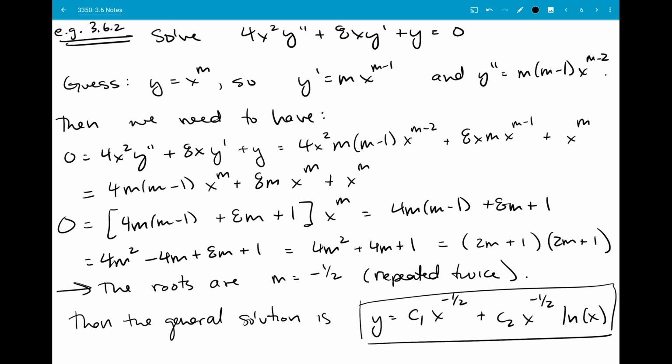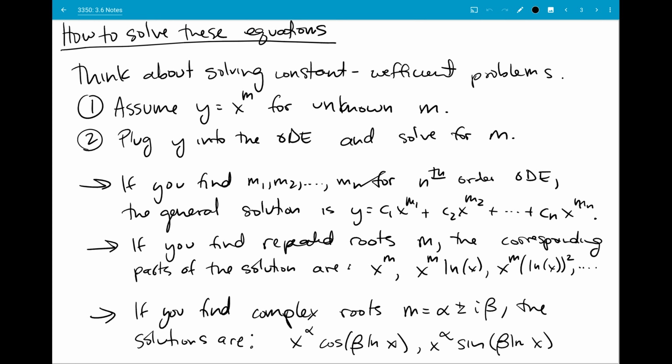Something that is kind of cool is, well, I won't write it, but technically you could derive that x to the minus a half times natural log x is a solution from x to the minus a half being a solution. So I told you, like on this slide right here, that if you find repeated roots, this is how you find the solutions.